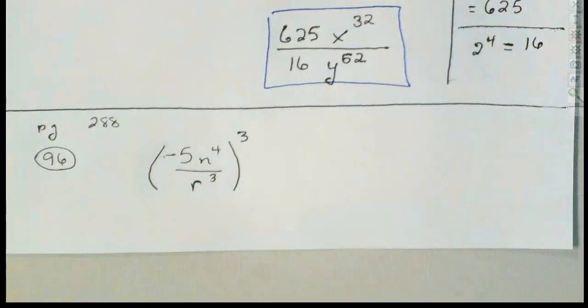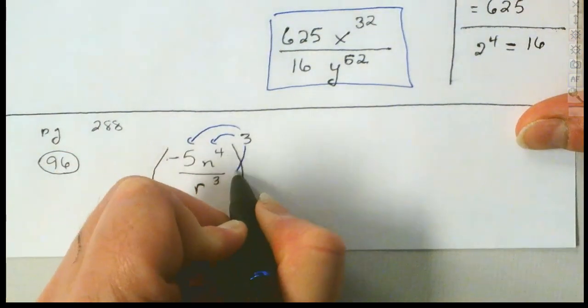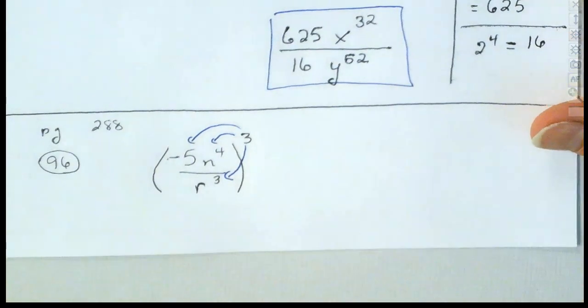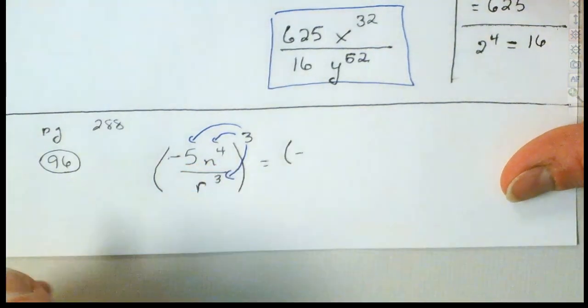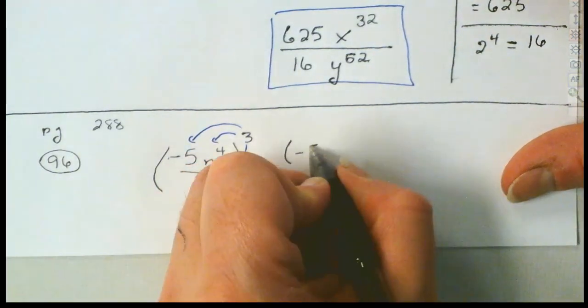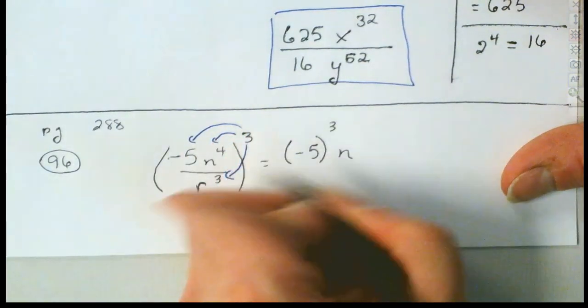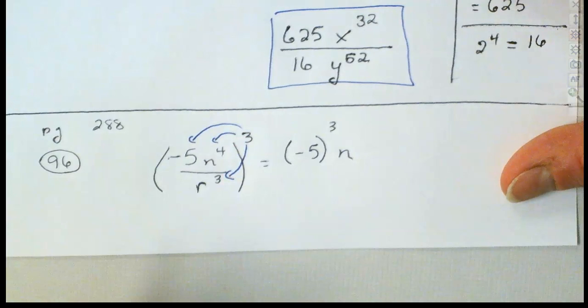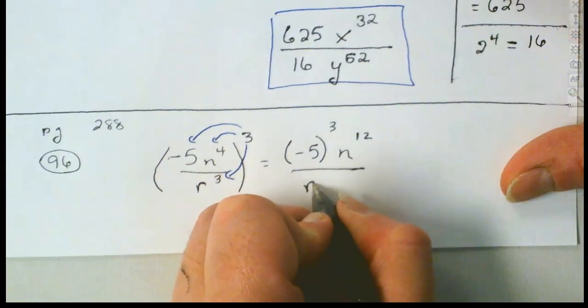The n and the r cannot go together, but what we can do is distribute that 3 through. So if we distribute that 3 through and rewrite it, use parentheses around that negative 5. So we've got negative 5 to the 3rd power. Parentheses mean these multiply. So that's going to be n to the 12th power. Down below, we have an r to the 9th power.